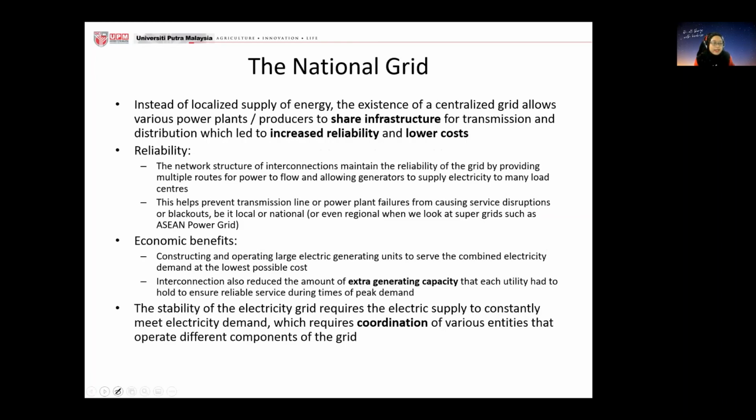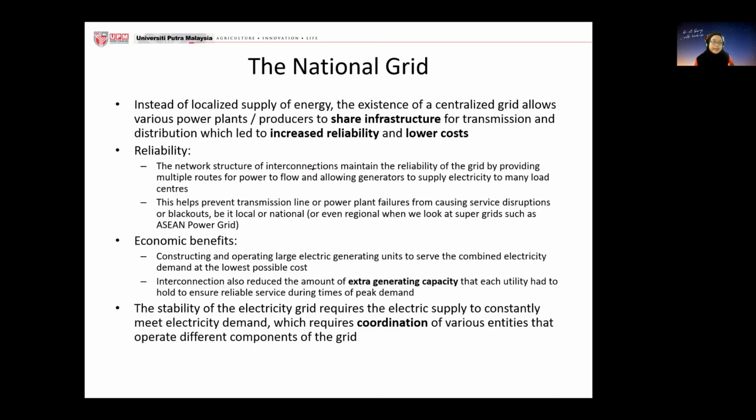So basically, the advantage of the national grid is that instead of having a localized supply of energy, you have a centralized system, and this centralized system allows various power plants and producers to share infrastructure for transmission and distribution, which leads to increased reliability and lower costs. In terms of reliability, it's more reliable because you have this interconnection and multiple routes for power to flow.